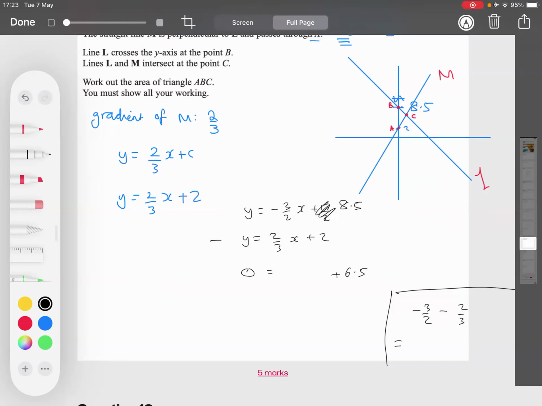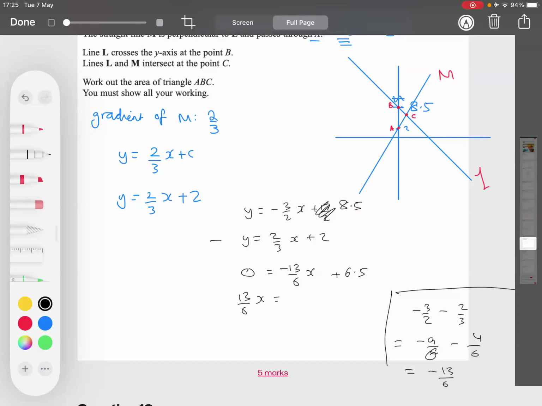So I would make that into minus 9 over 6 minus 4 over 6. So minus 13 over 6. And then we solve for x. So we get 13 over 6 x equals 6.5.